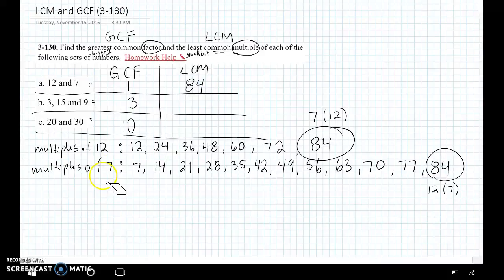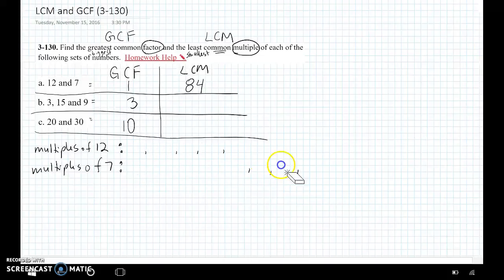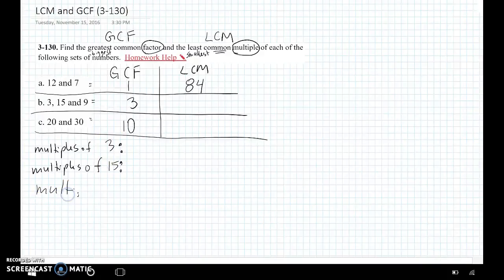What about the multiples of 3, 15, and 9? All right, let's do that. I'm going to go multiples of 3, multiples of 15, and multiples of 9.